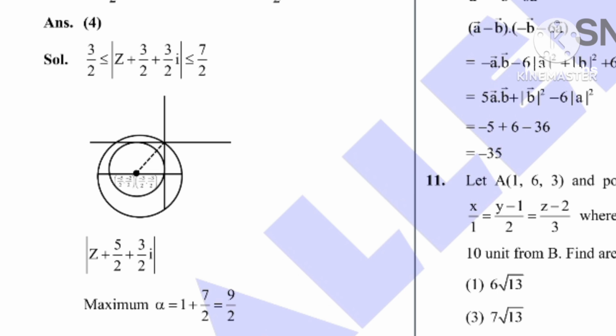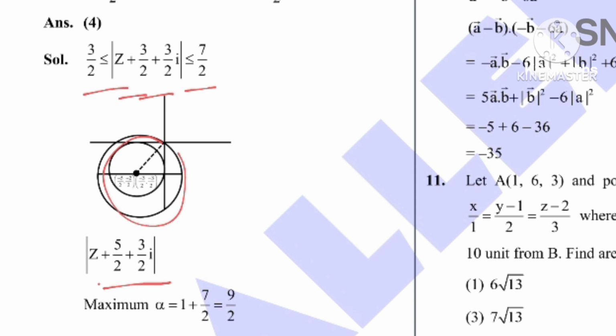Here 3 less than or equal to modulus of 2z plus 3 into 1 plus i less than or equal to 7 means 3 by 2 less than or equal to modulus of z plus 3 by 2 plus 3 by 2 i less than or equal to 7 by 2. So this is a circle. Here z plus 5 by 2 plus 3 by 2 i, so this is another circle.